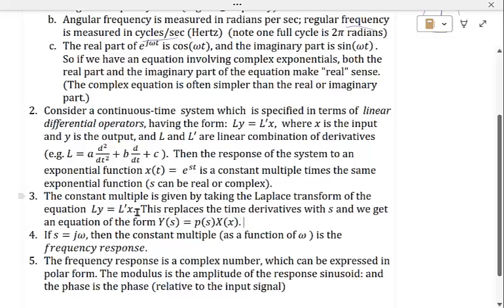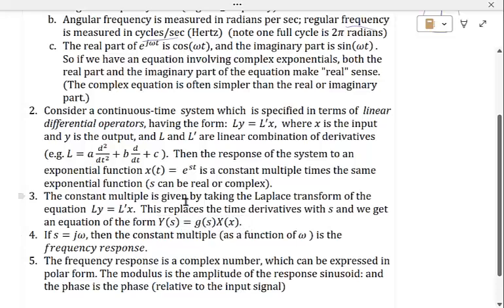So in fact, the constant multiple, the characteristic multiple, we can call the gain of the system. So what did I call it? G of s, because G for gain.